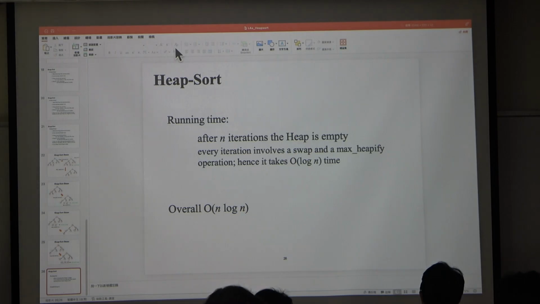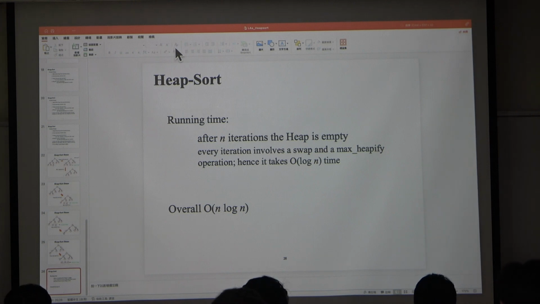So that linear cost is absorbed by n log n, okay? Because n log n obviously has a higher order than the linear order. So overall the heap sort complexity is n log n.